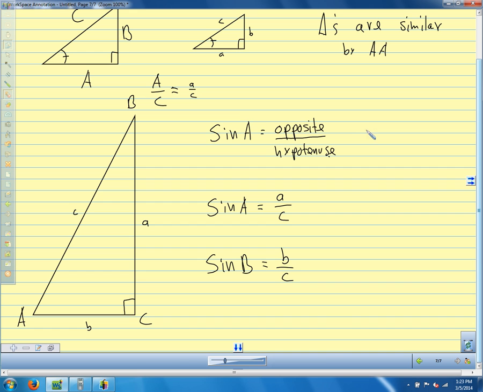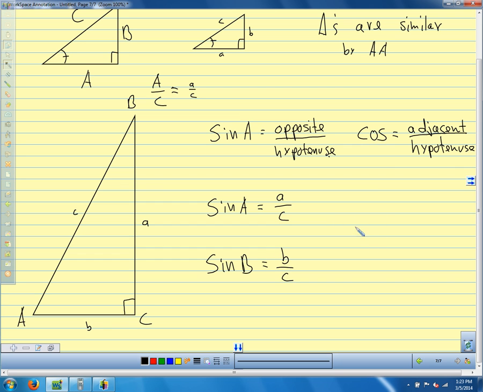Let's look at the cosine. That's what COS means, cosine. The cosine is the adjacent side, and we've said that adjacent means next to, over the hypotenuse. So we're just naming that ratio.